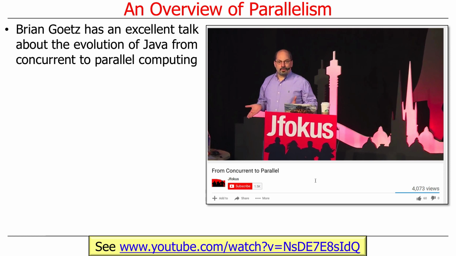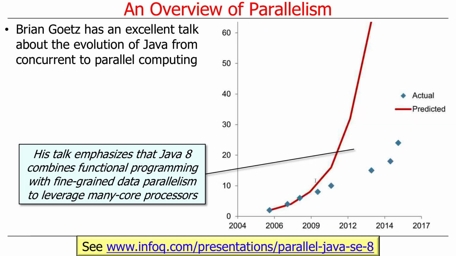One of the main points he makes in his video, which I just excerpt here because it's really crucial to an understanding, goes back to our earlier conversation about why we have lots of cores these days. His explanation of why they made that evolution from concurrent to parallel computing is that we run into a weird software-induced bottleneck where we've got lots and lots of cores now, but we haven't gotten the speedup that we would have liked.